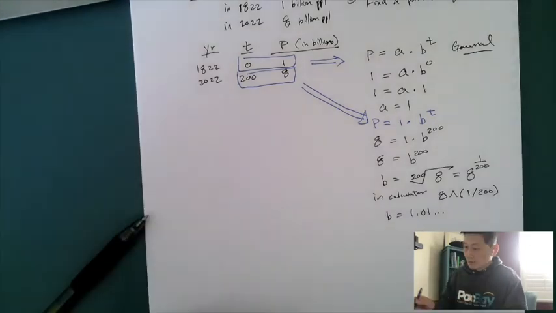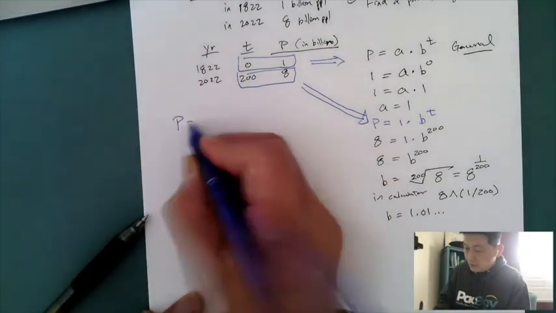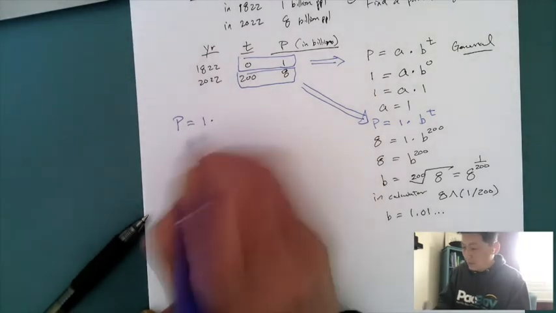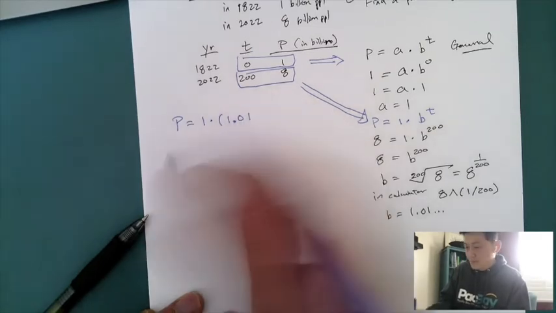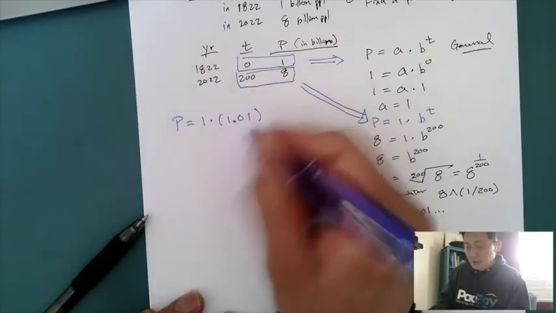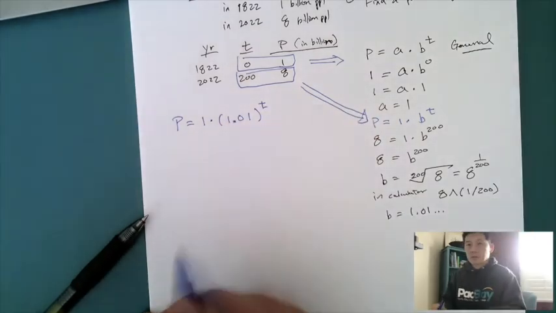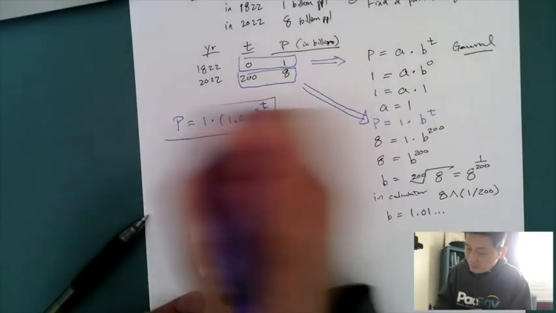So that means I then can write this down. P is equal to A, which is 1, times B, which is 1.01, in parenthesis, to the T power. So now this is my answer for part A.